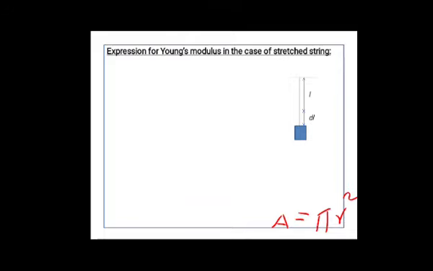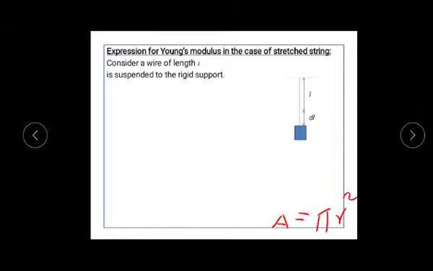Now let us take the next one, that is the expression for Young's modulus in the case of a stretched string. Let us consider a wire of length L suspended from a rigid support. Say this is the wire and this is the rigid support.